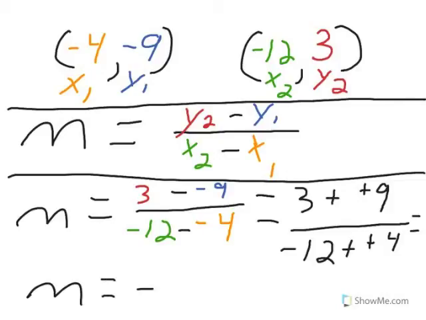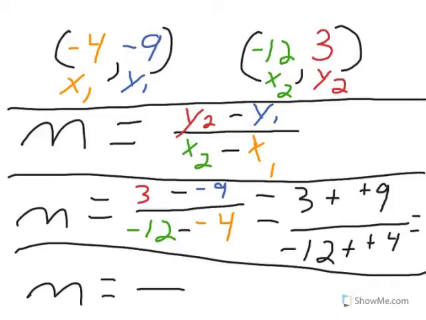Now we're going to have to bring it over here a little bit, so it might get a little bit cramped here. So 3 plus positive 9 is just going to be 12. And then we have negative 12 plus positive 4, which is going to be negative 8.